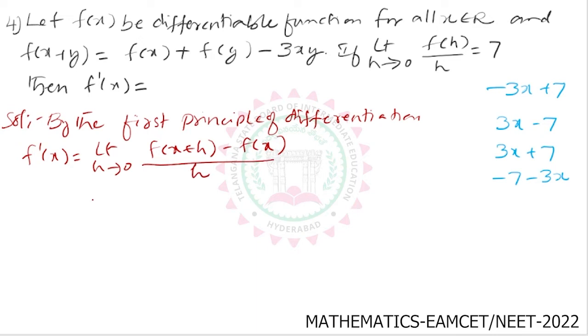Okay, so limit h tending to 0 as it is. In place of f of x plus h, I can write f of x plus f of h minus 3xh.